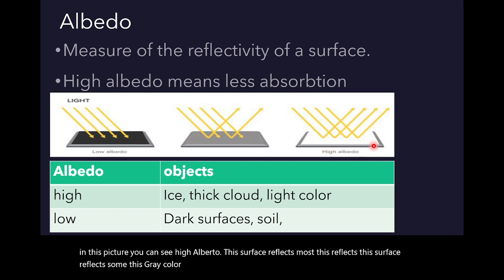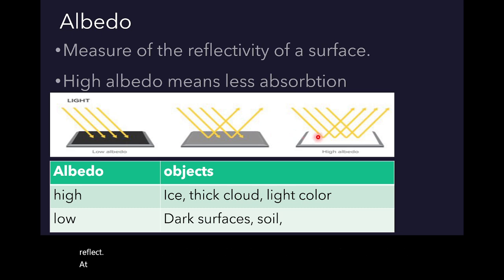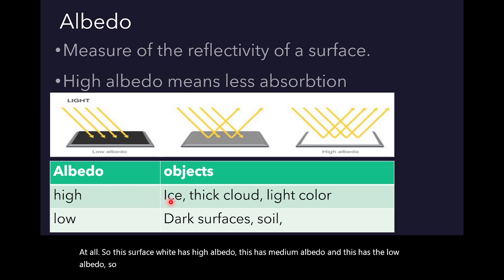This white color reflects more, and this black, dark color does not reflect at all. So this white surface has high albedo, this has medium albedo, and this has low albedo. So high albedo is for ice, thick cloud, light colors like white, and low albedo for dark colors, dark surfaces, soil.